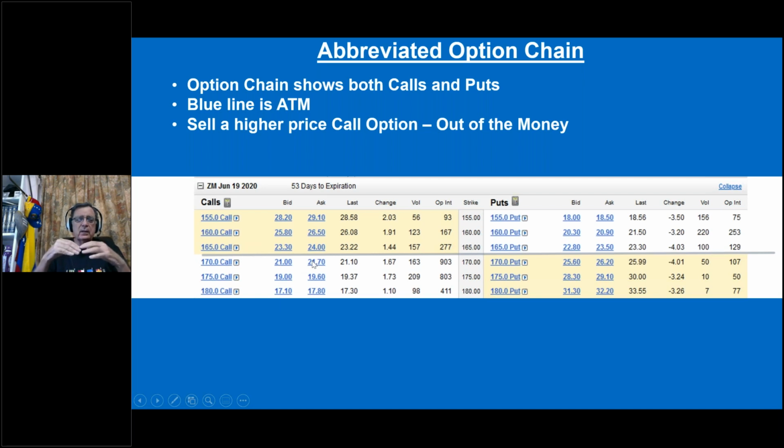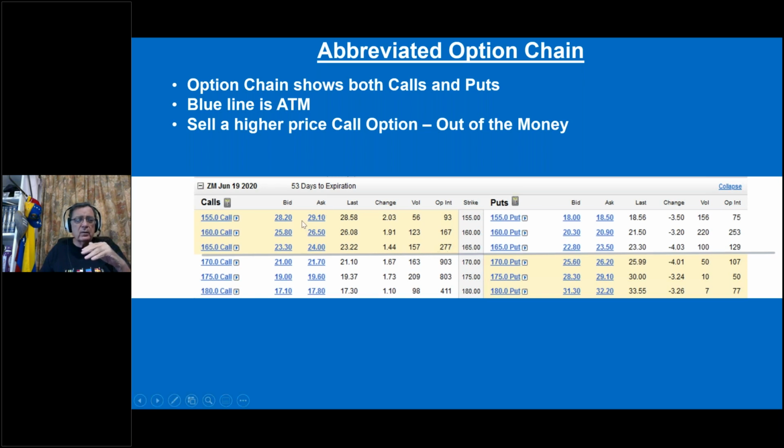It's basically at the price that the share is at. If you look at the pricing on this line, it says 165 and below it says 170. So basically that's at the money, 166, that's close enough.